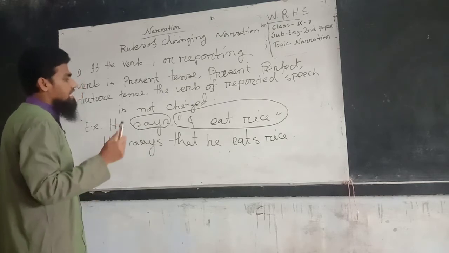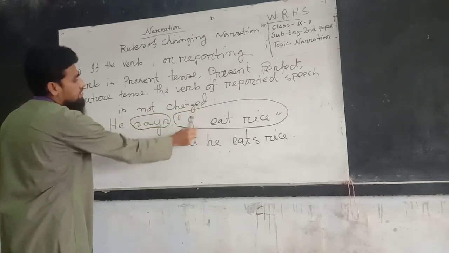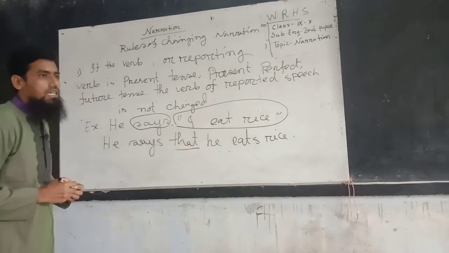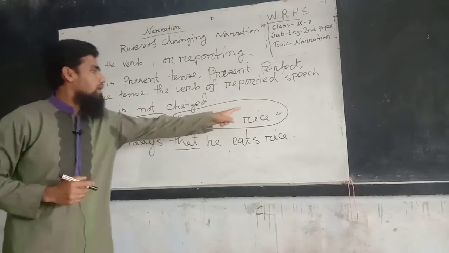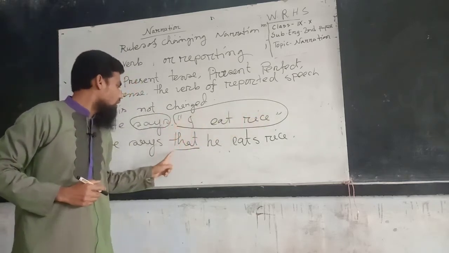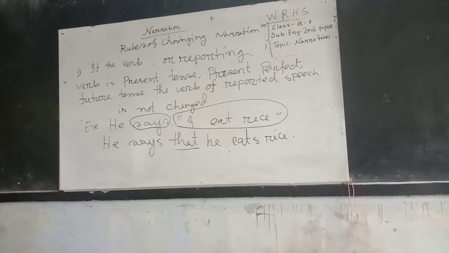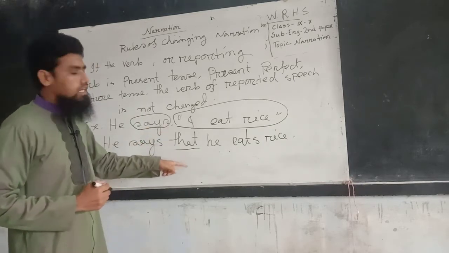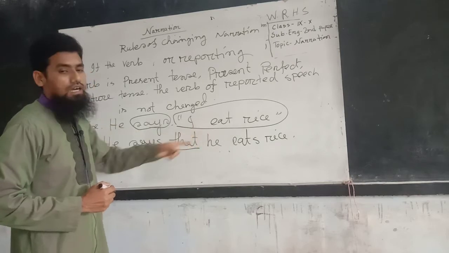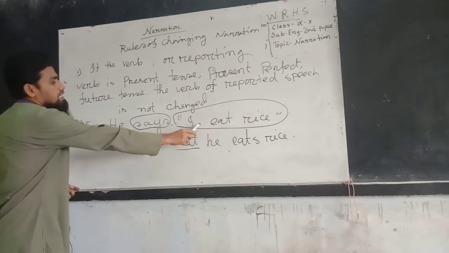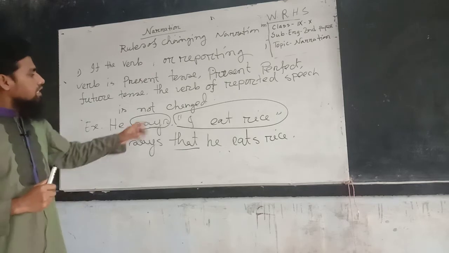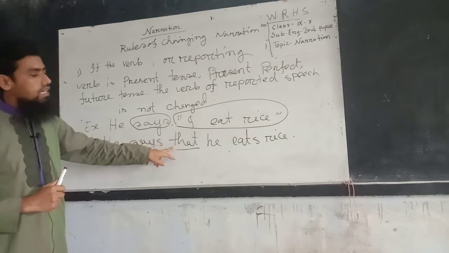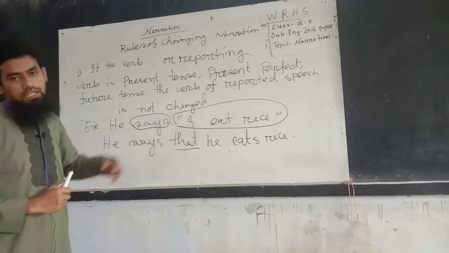According to our rules, in case of an assertive sentence, we have to use that as a conjunction instead of inverted comma.